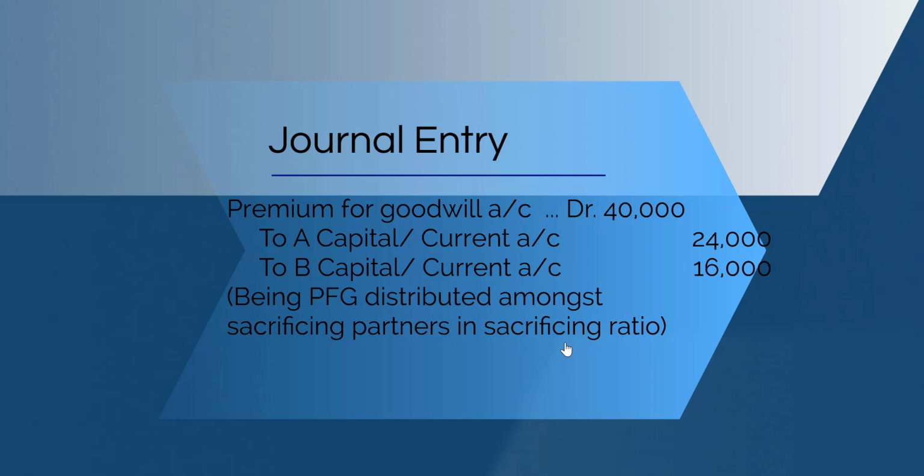Premium for goodwill account debit rupees 40,000 to A's capital or current account rupees 24,000, to B's capital or current account rupees 16,000, being the premium for goodwill distributed amongst the sacrificing partners in their sacrificing ratio.